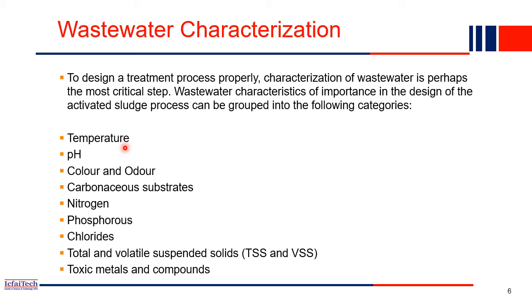Some unit will be for purifying the nitrogen content present in the wastewater. Some unit will be designed for purifying phosphorus, chloride, like that each unit will be there to remove some quantity of pollution from the wastewater. So before we design, first we'll understand the characteristics.